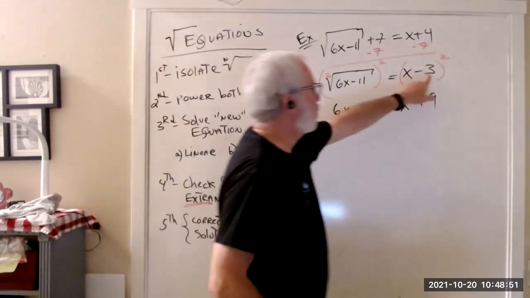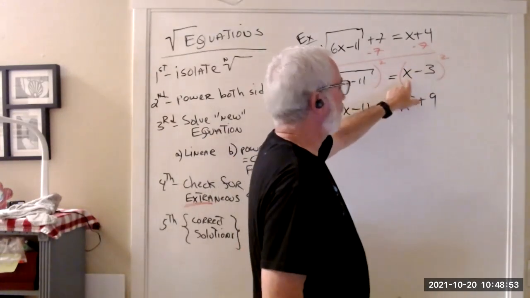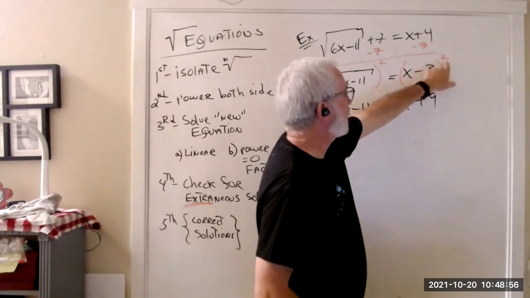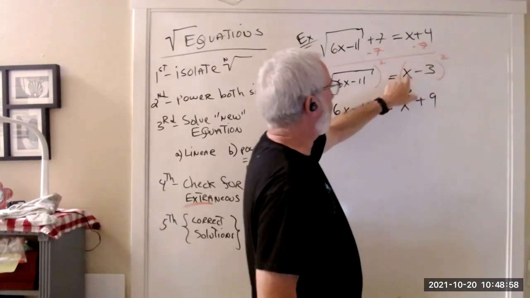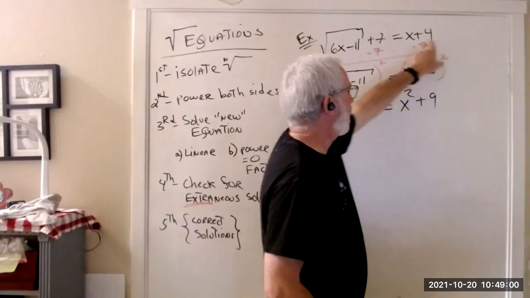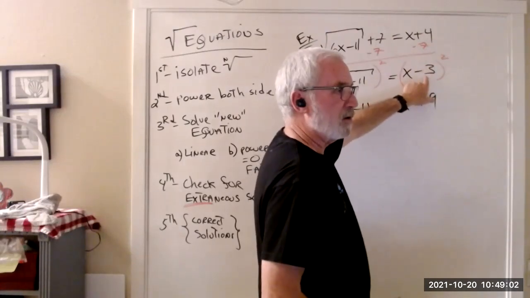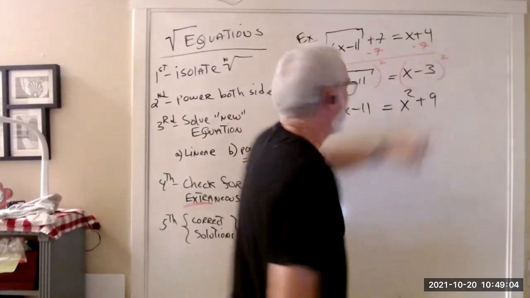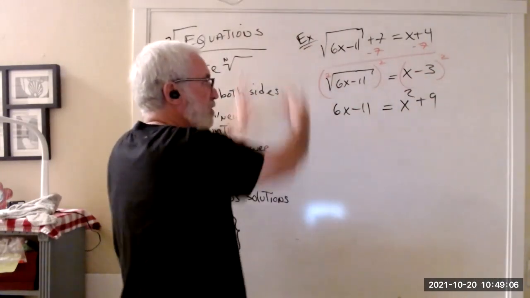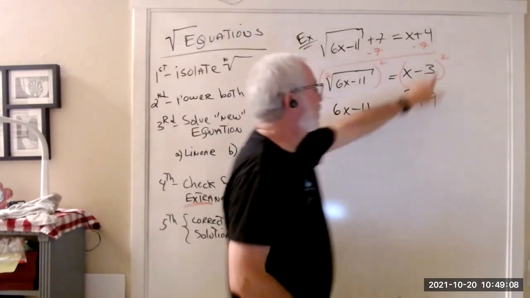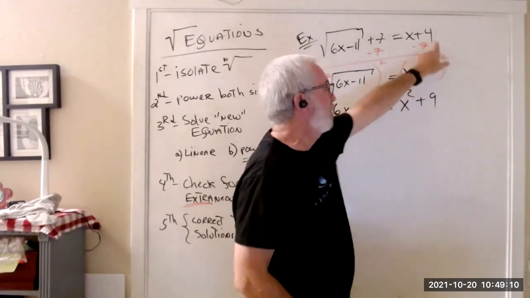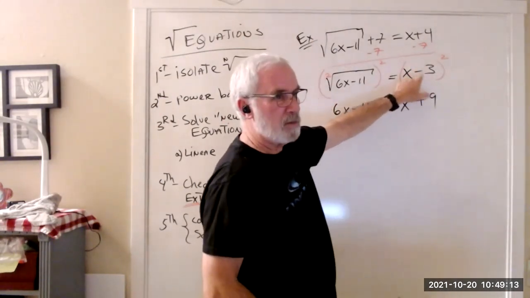Because remember, you can't square the pieces. You can't take your power and say, oh, that's x squared and that's negative 3 squared. Remember, I had that big thing here that says never, never. You can't take a power and distribute it over a plus or a minus sign.